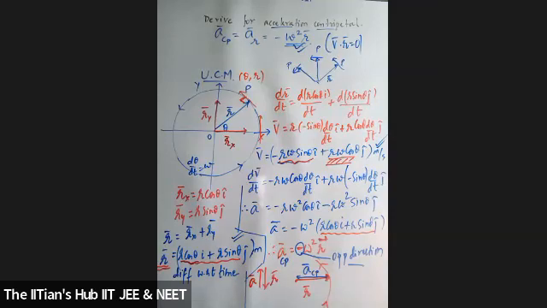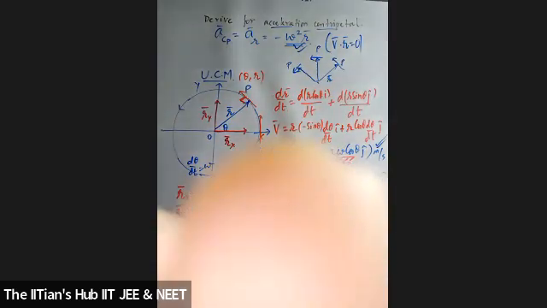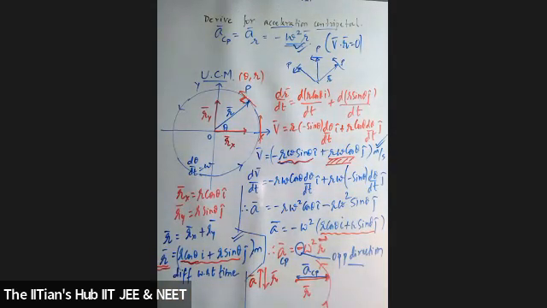Students, have you understood the proof? Yes, sir. Students, remember that velocity and position vector are perpendicular, since we consider a circular path. And secondly, your centripetal acceleration and your position vector are always in opposite directions. Keep this in mind, students. So the formula for centripetal acceleration is negative omega square into r.